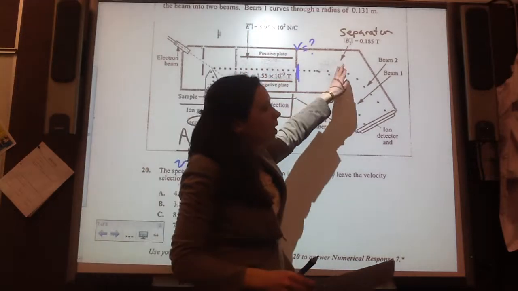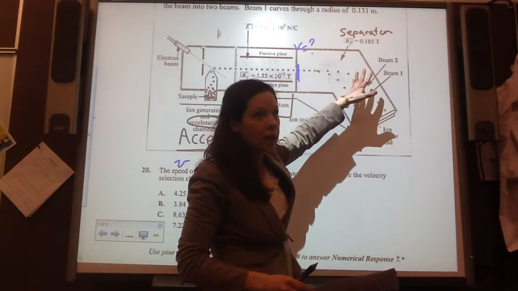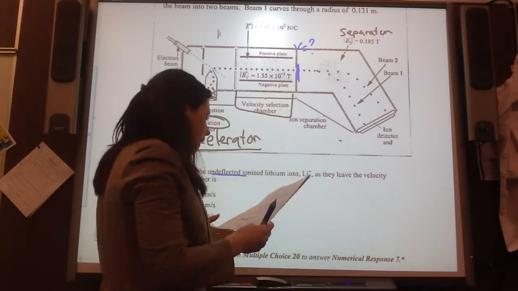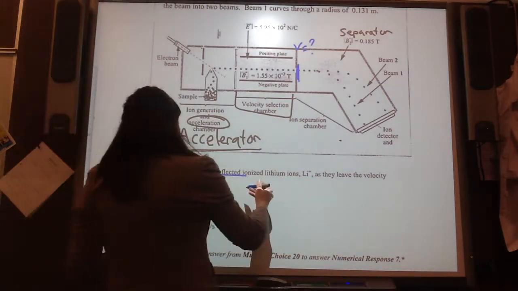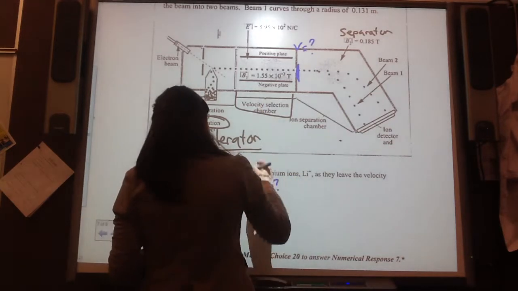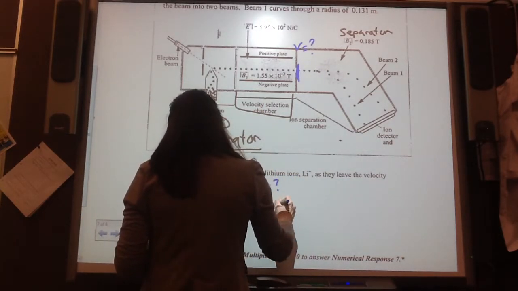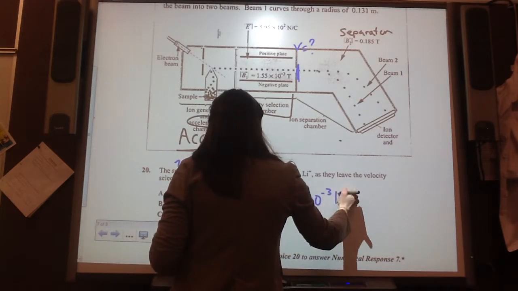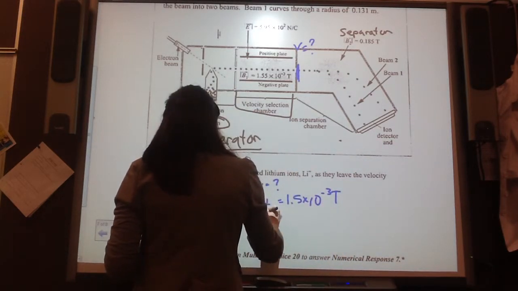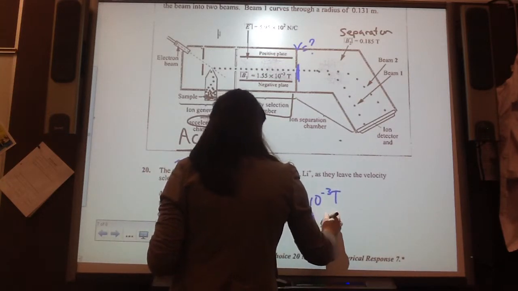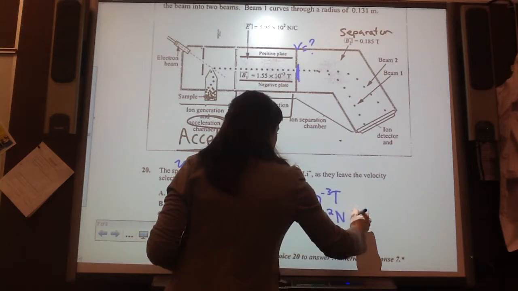We won't be using this information of magnetic field because it hasn't even gone through that magnetic field at this point. So we're trying to find speed, V equals question mark. We're given B perpendicular is 1.5 times 10 to the negative 3 Tesla, and the electric field strength is 5.95 times 10 to the 2 Newtons per coulomb.